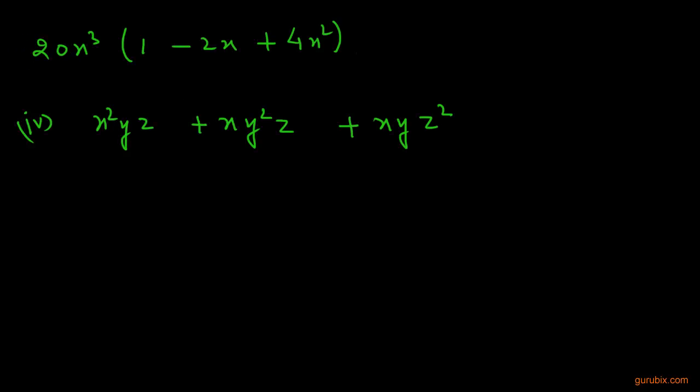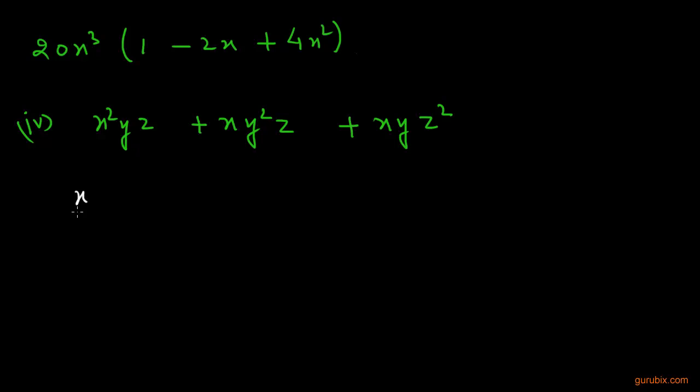This is the fourth part of the example, and we see that x is a common variable in all these three terms, y is also a common variable in all these three terms, and z is also a common variable of all these three terms. But here the power of x is 2, and here is 1, and here is 1.